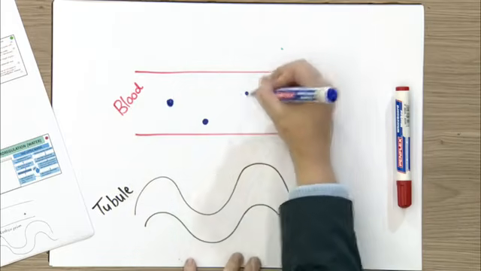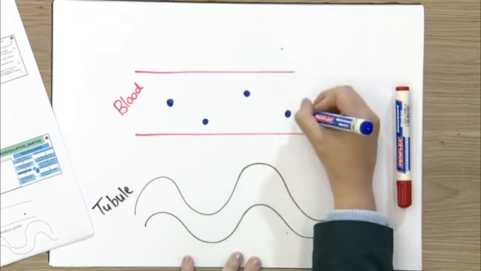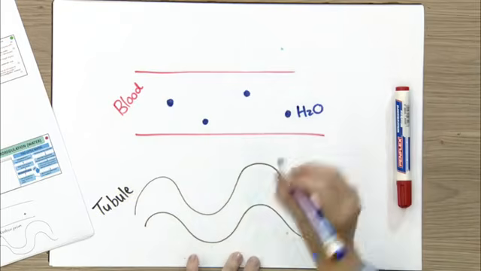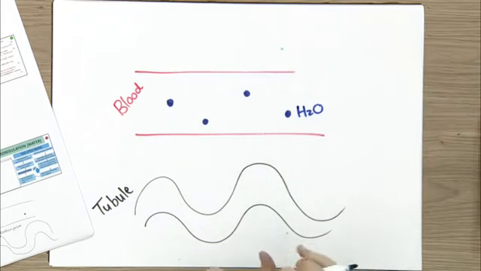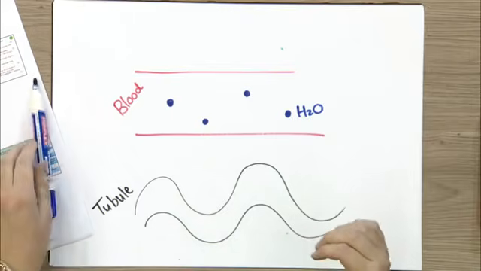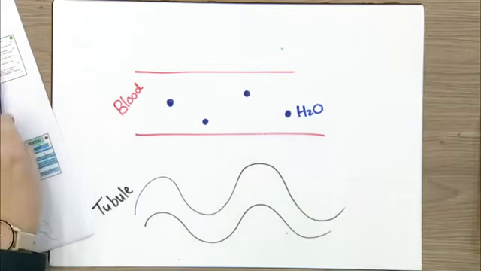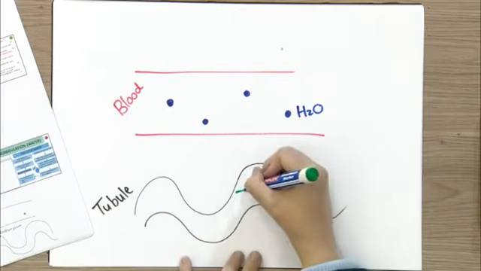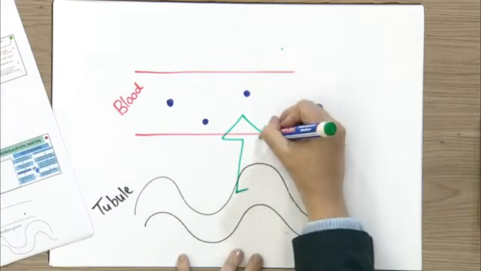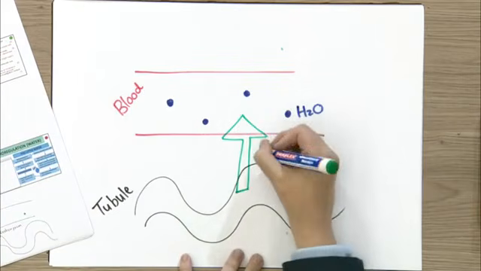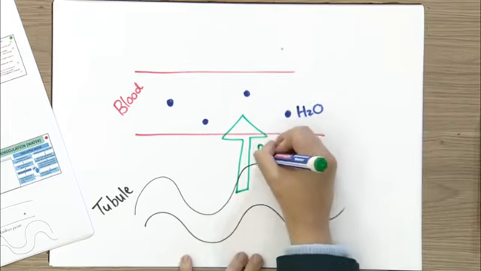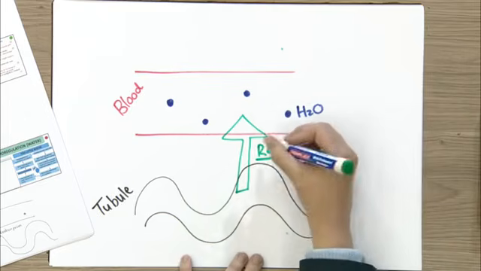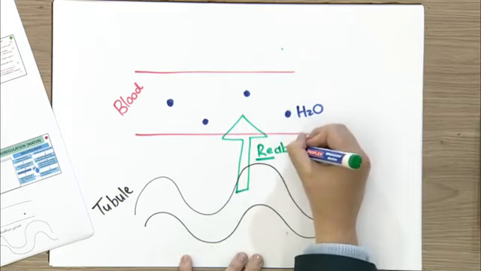Each one of these little circles is water. The only way in which water can move into the blood is by moving out of the tubule, and this movement out of the tubule is called reabsorption, and you have to remember that.